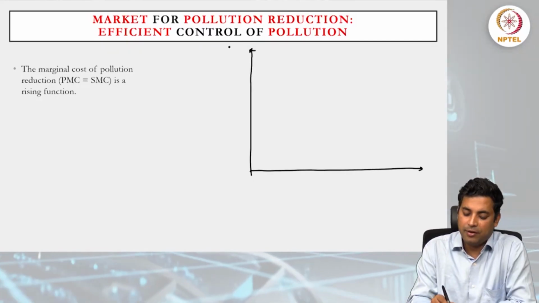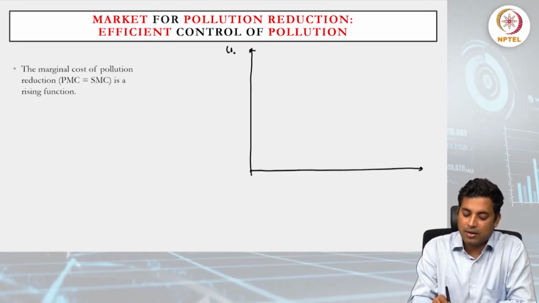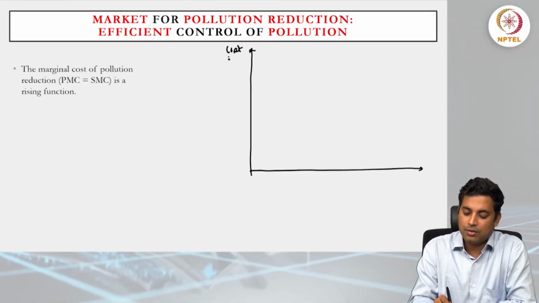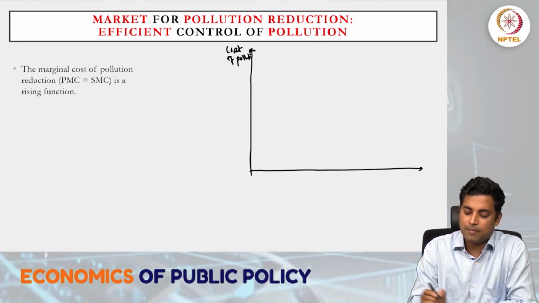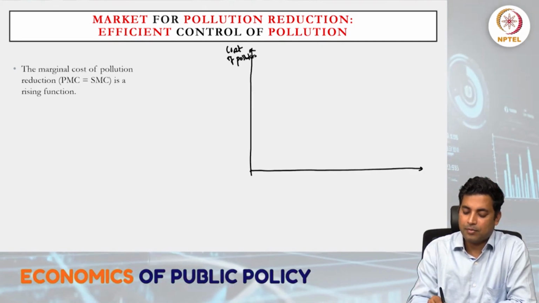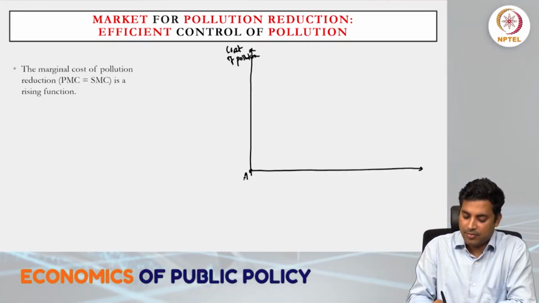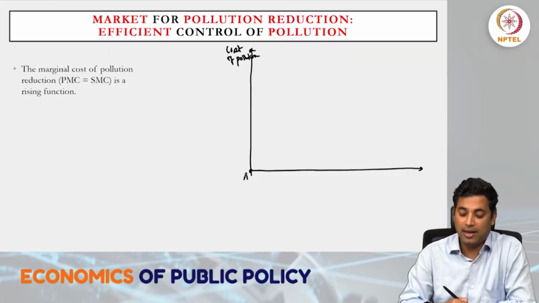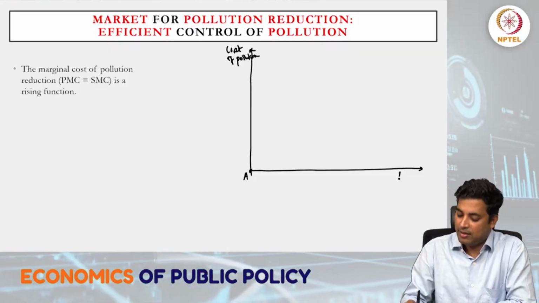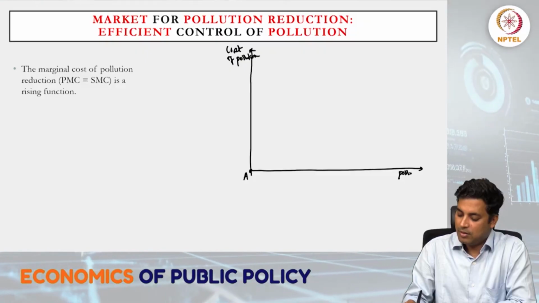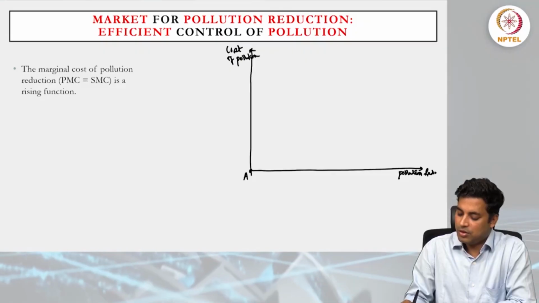So here, if we consider the price of pollution, like the cost of pollution, on the vertical axis, and we take point A, then the horizontal axis is pollution reduction.